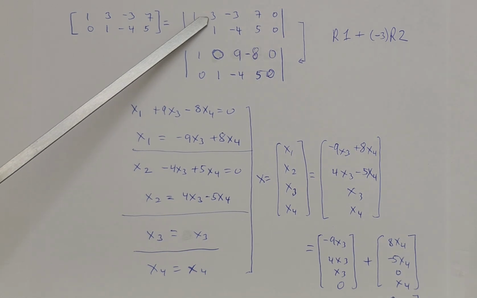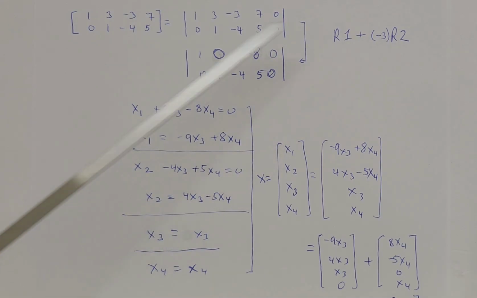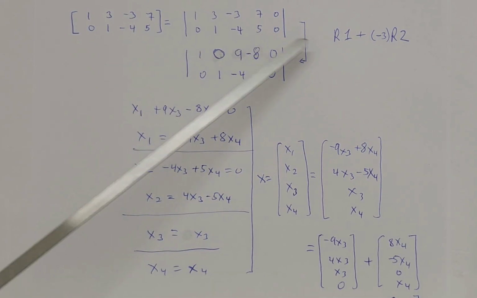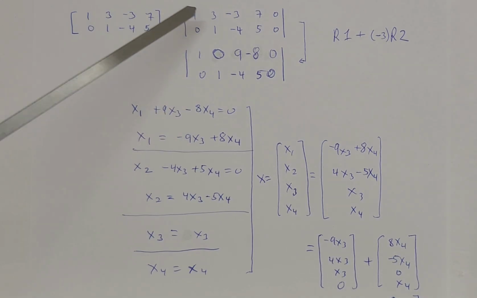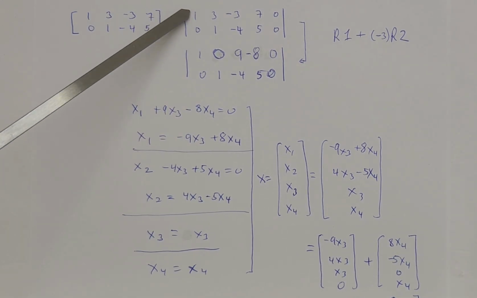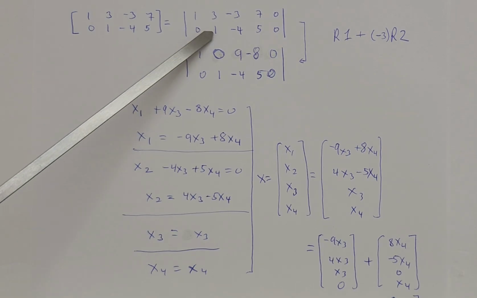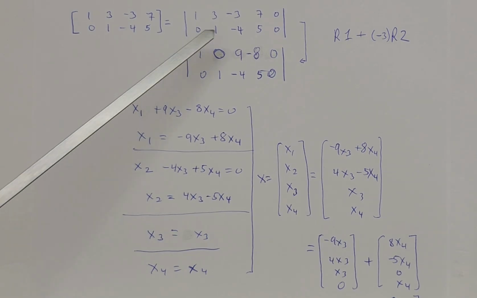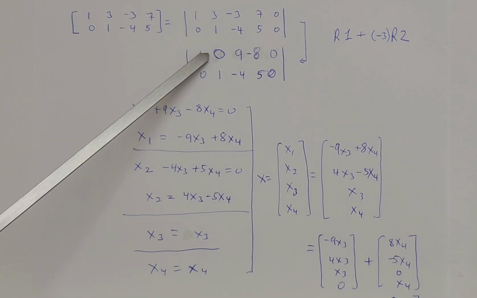So the opposite of 3 will be -3. So -3 times row 2 plus row 1. Again, this is a 1 right here, this is a 1, this is a 0, this is a 1. It's already the way it is, so we leave it alone. We're going to change this 3 into a 0.